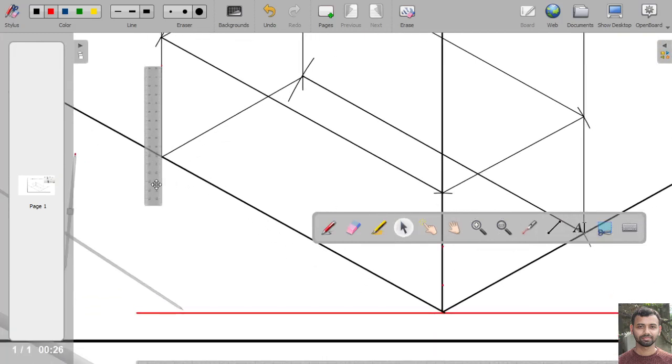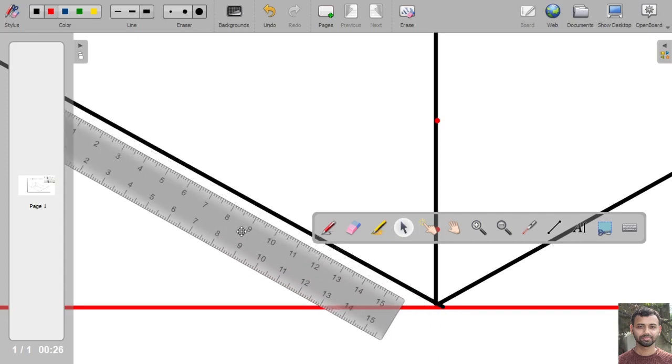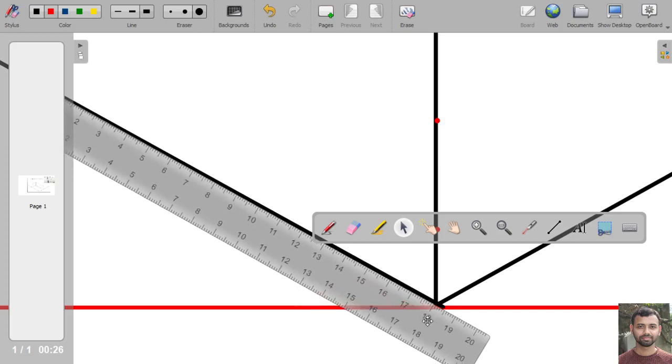So if we rotate the scale, or you can use the compass also. 180 mm means it is 18 centimeters.